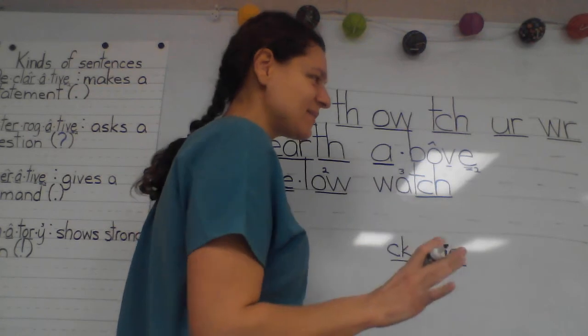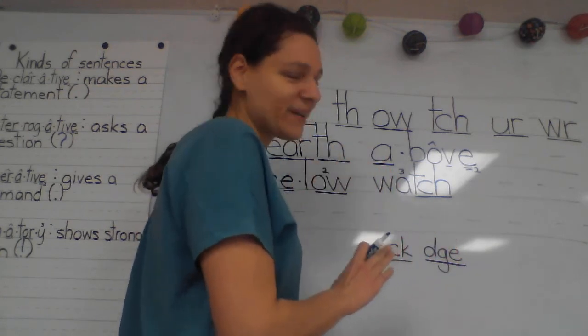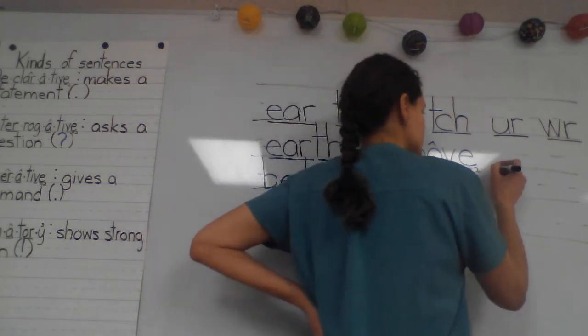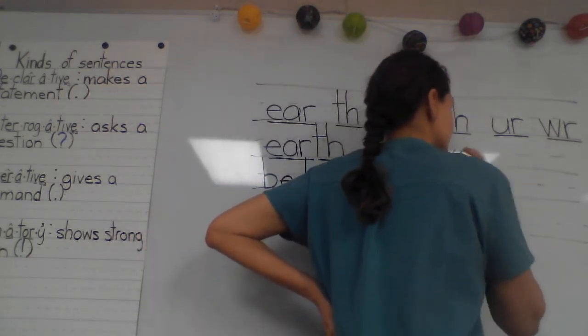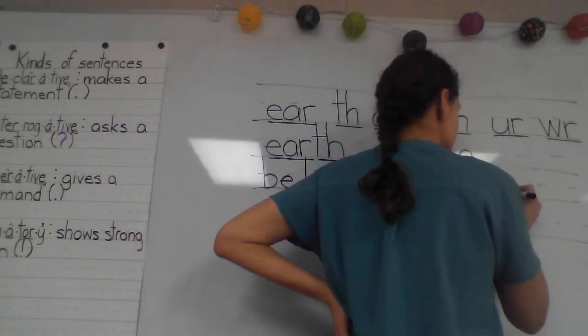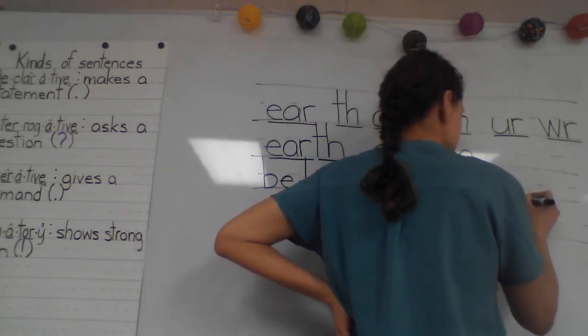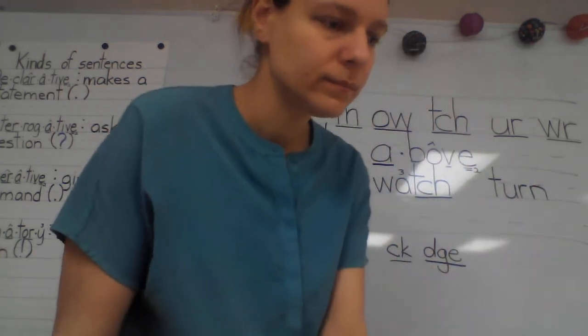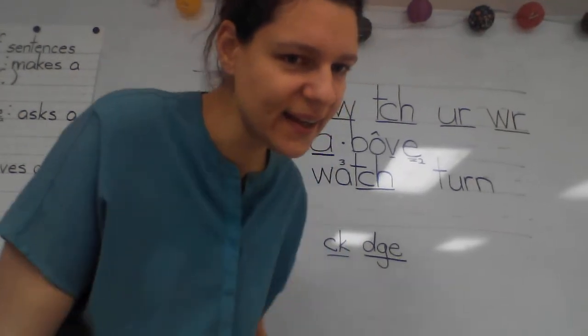All right, pause the video if you're not ready. Put your finger under that first phonogram, class. What is it? Good. Which ur? Good, the ur of hurt. And good. All right.